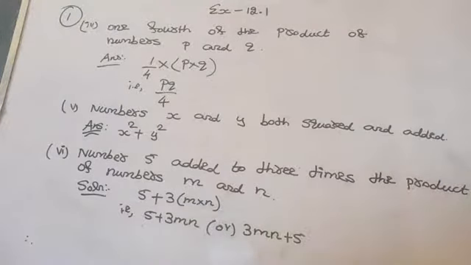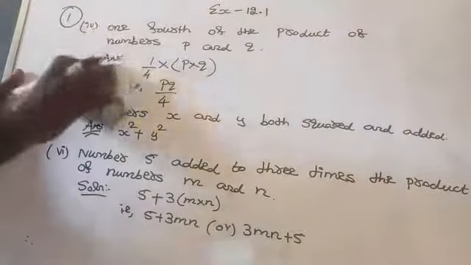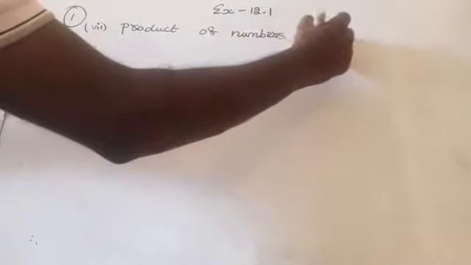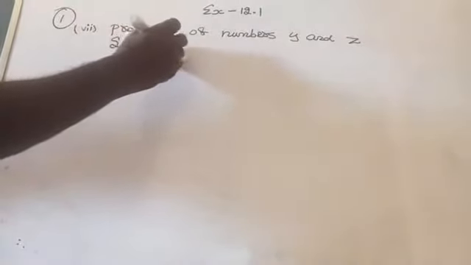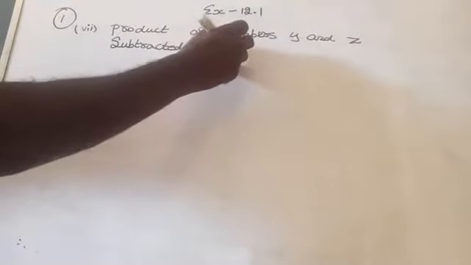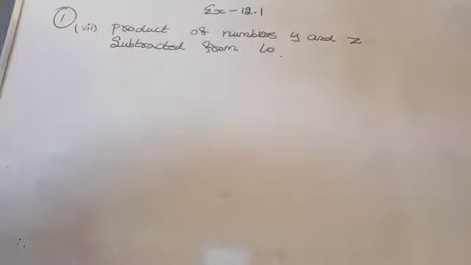The seventh part of the question is: the product of numbers y and z subtracted from 10. The product of numbers y and z means y into z.